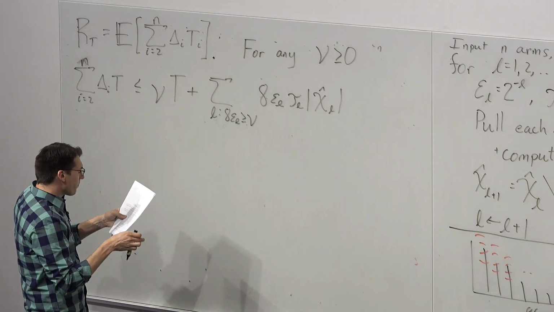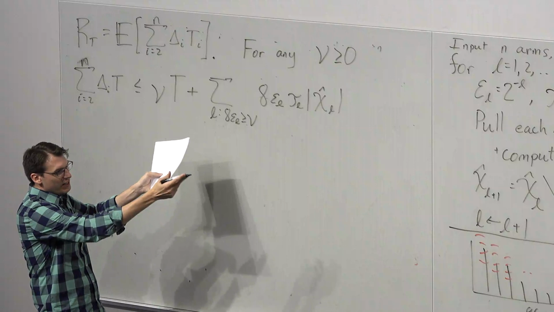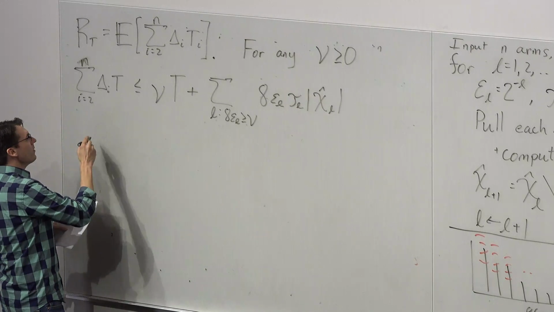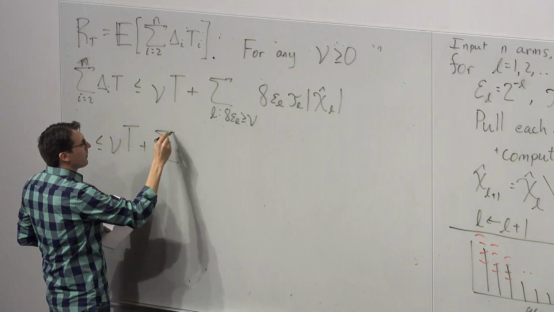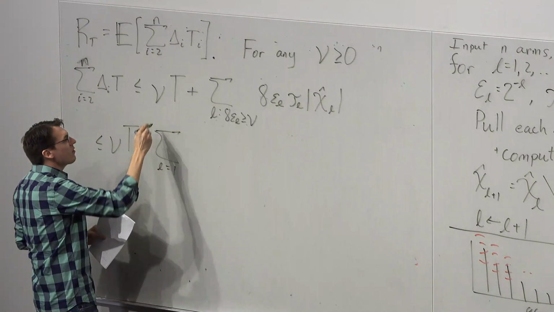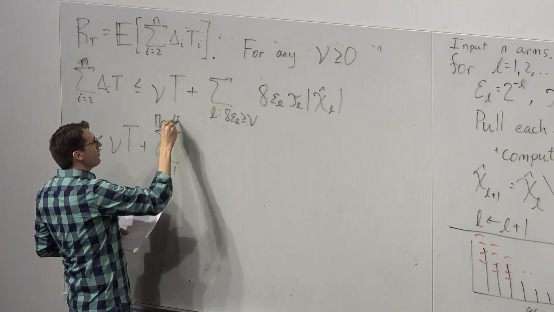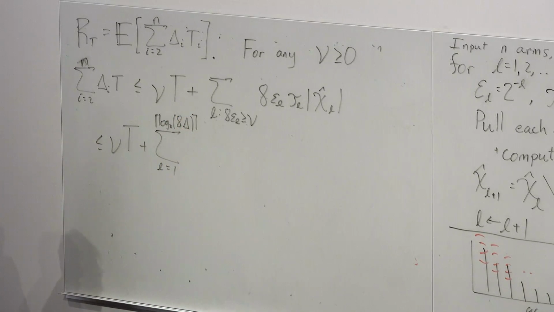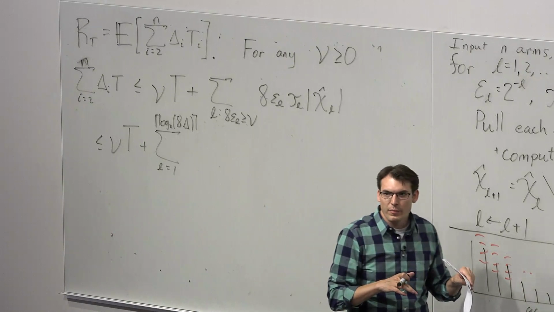And then what I can do is note that if L is just the index of this algorithm, once L is greater than log 2 of 8 over delta, I know that L can never be greater than that, because at that point there are no arms in x hat L by definition.